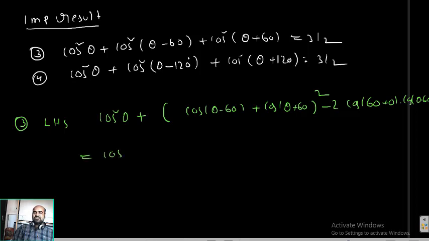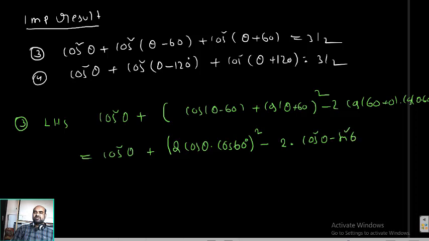So this is cos square theta plus cos of a plus b plus cos of a minus b, that is 2 cos a cos b, whole square, minus 2 into cos of a plus b cos of a minus b, that is cos square a minus sin square b.